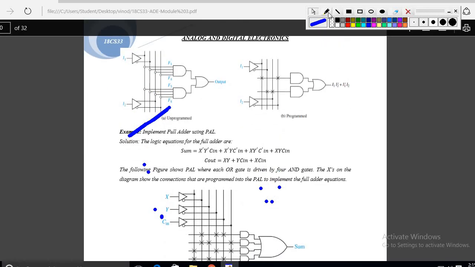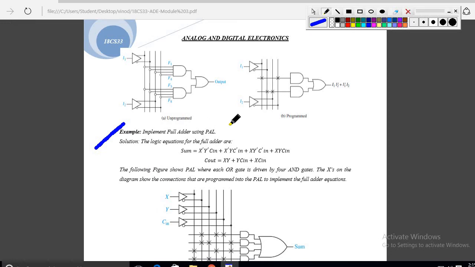The second example: implement a full adder using PAL. The logic equations for the full adder: this is the expression for the sum, and Cout is this expression. If you know the full adder truth table, once you solve it, we will get the sum as this expression and Cout as this expression.